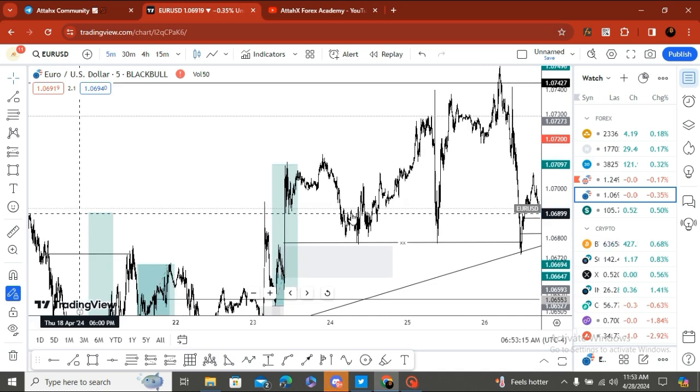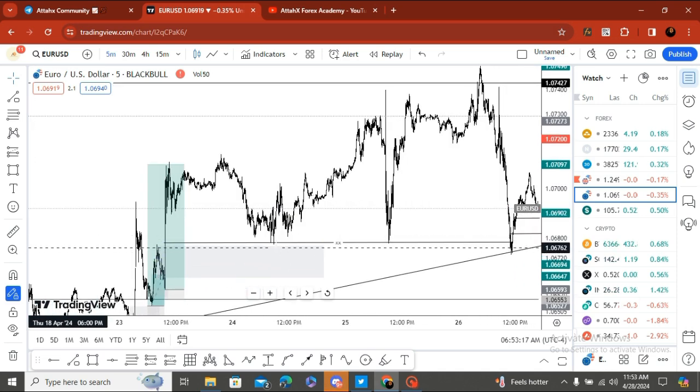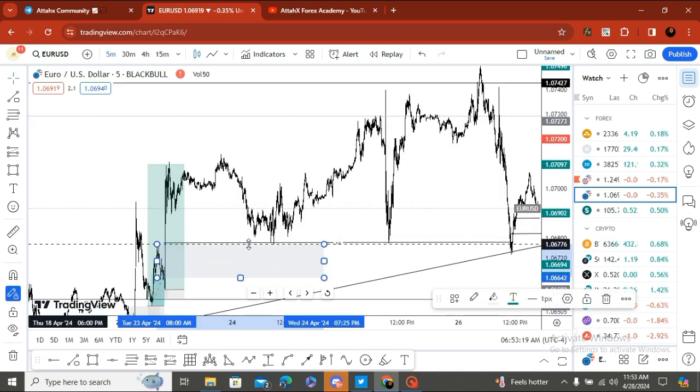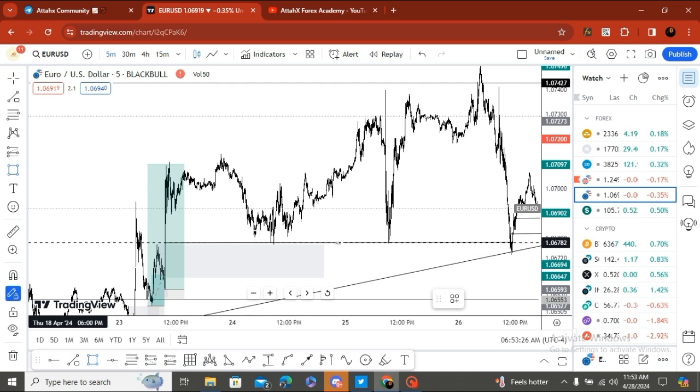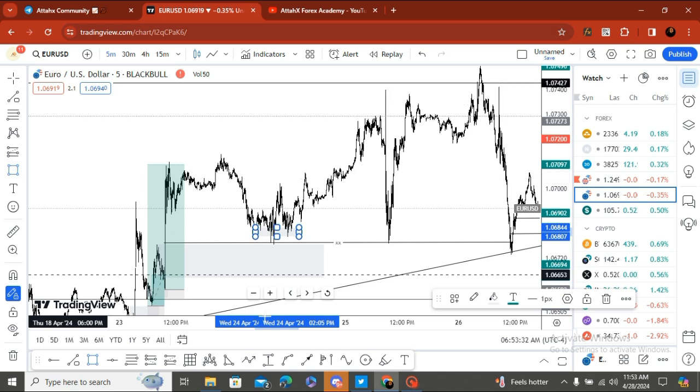So as you can see, price came to mitigate our entry and then gave a change of character. Can you see that price came back and then mitigated our level and then pulled up?